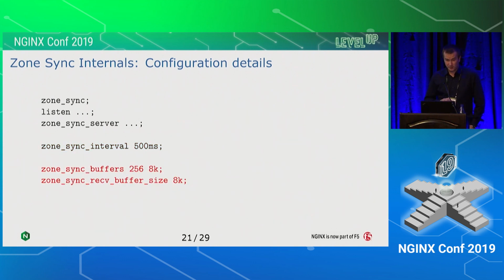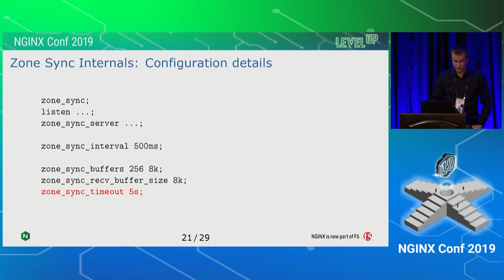You can also specify the zone_sync_buffers directive, and this will control how much data will be read from shared memory, how much memory you will use for synchronization. Smaller buffers will probably save more memory, but will require, again, more locking to access the shared memory zone. And the receive buffer should be set accordingly to match send buffers.